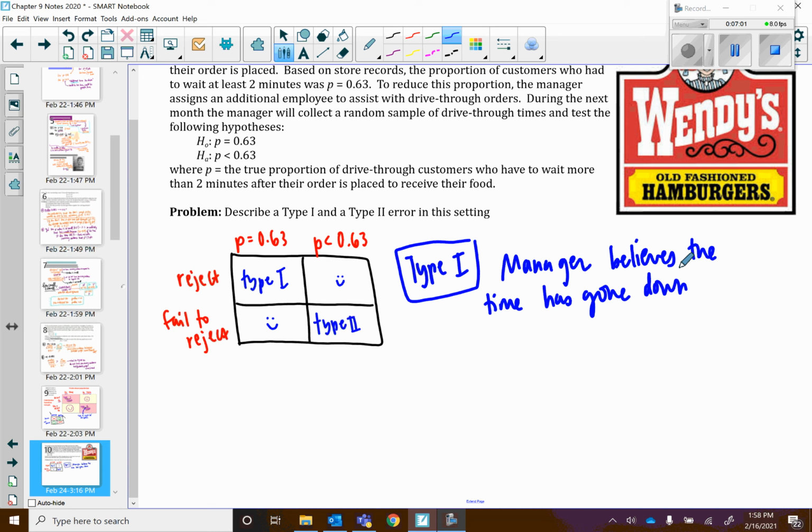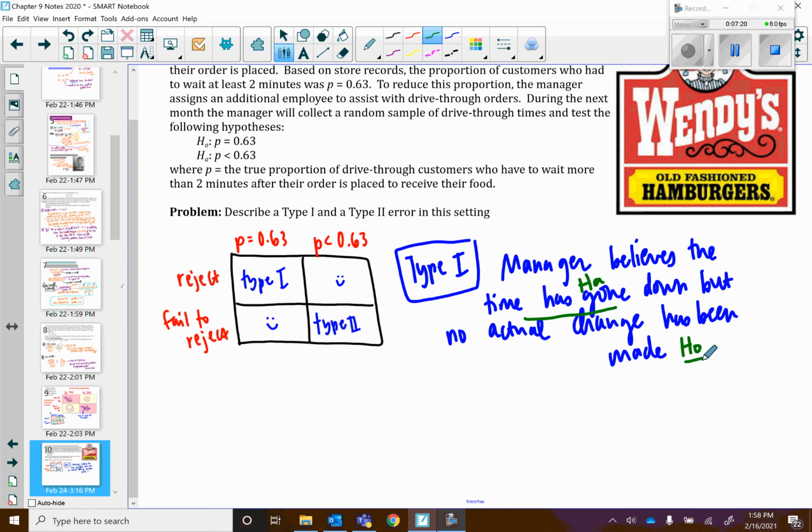The manager believes the time has gone down, but no actual change has been made. He thinks the alternate is true, but the null is still true. This is a type 1 error.